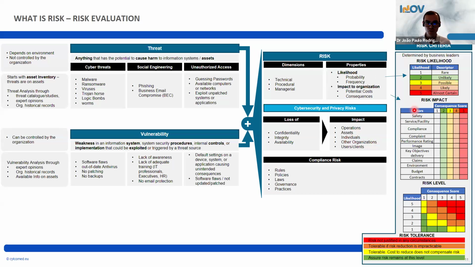We have the impact to the organization, which must consider several factors first. Here we have an example of safety, service facility, compliance, image or reputation of the organization, claims, environment, budget, contracts. It depends a lot on the organization.